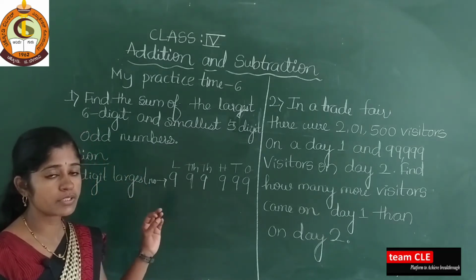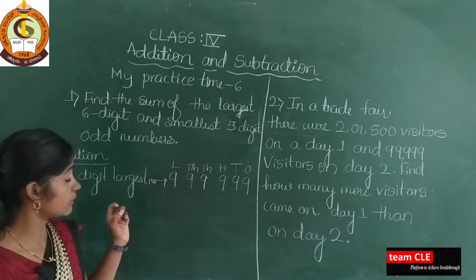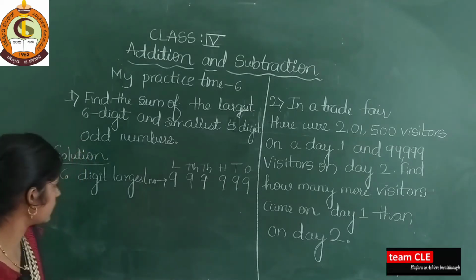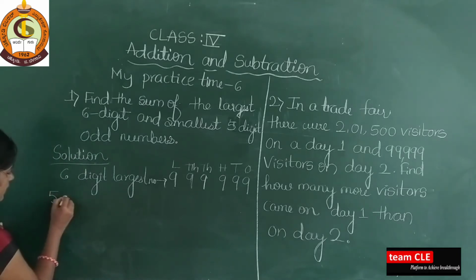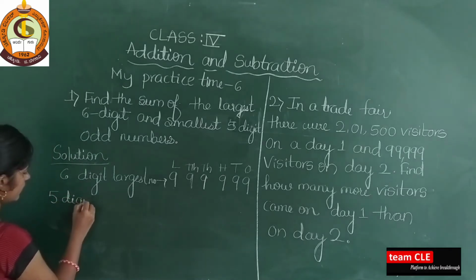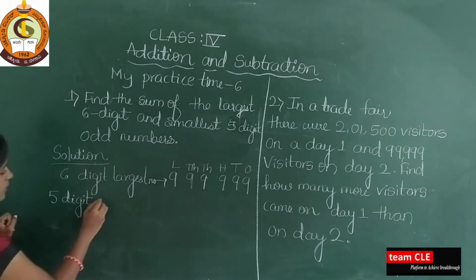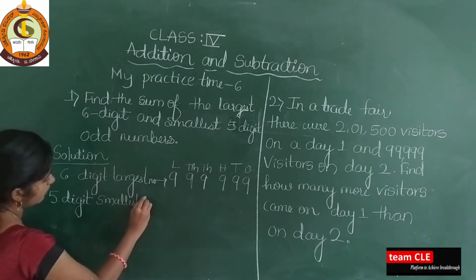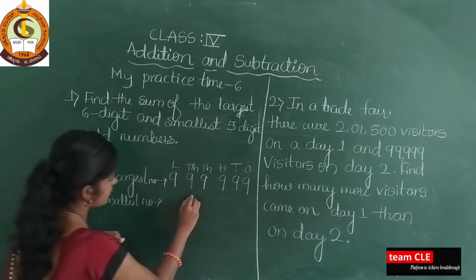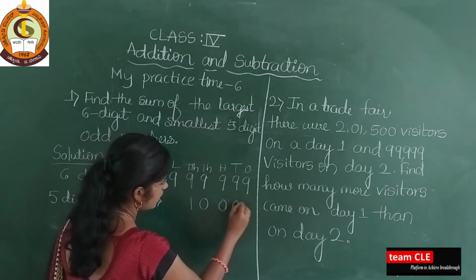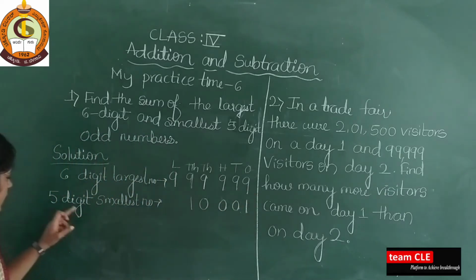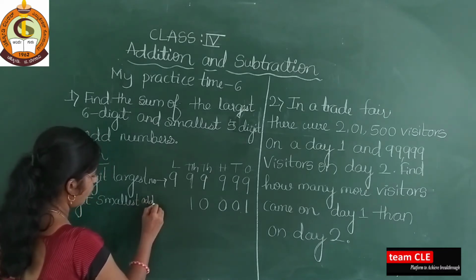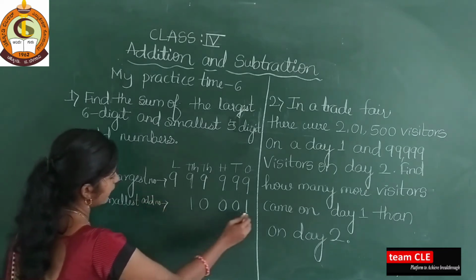Then one more is the smallest 5-digit odd number. The smallest 5-digit number is 10,000, but here they asked for an odd number. So the 5-digit smallest odd number is 10,001.